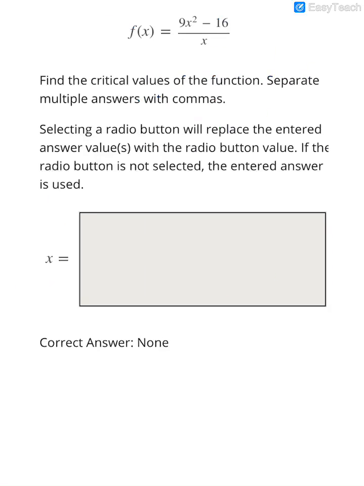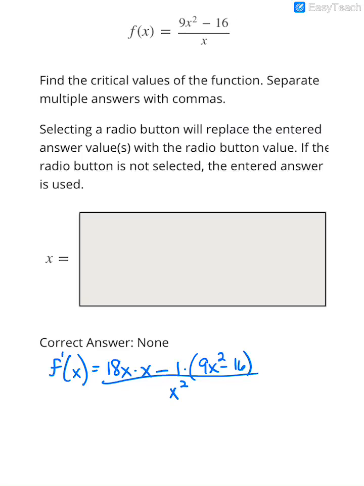Okay, next question. We have a rational function this time. So again, to find our critical values, we will take a first derivative and we'll set it equal to 0. So with this rational function, we'll take the derivative of the top, which is 18x, multiply it by the bottom, minus the derivative of the bottom, which is just 1, times the top, which is 9x squared minus 16, all divided by the bottom squared.